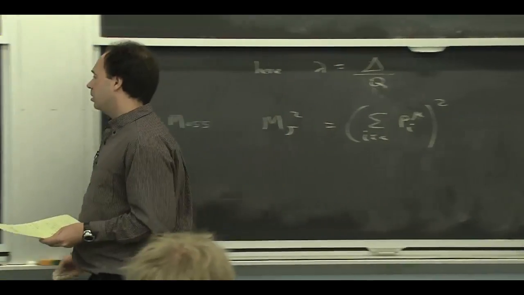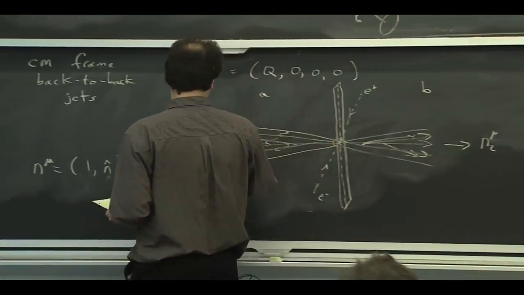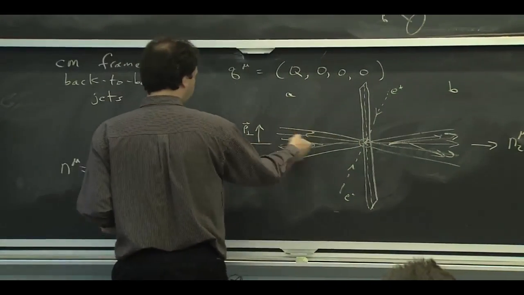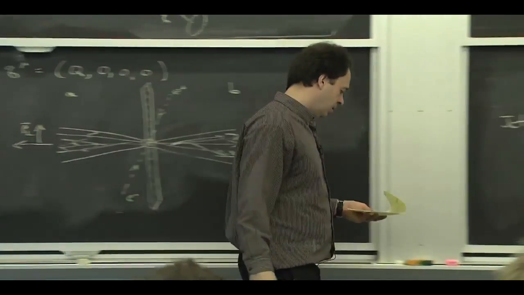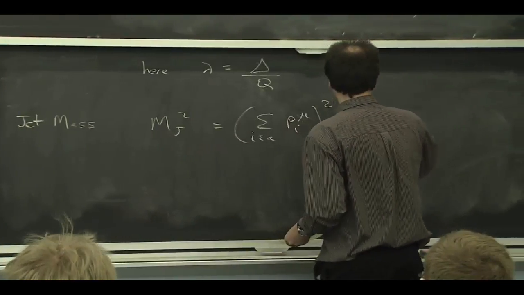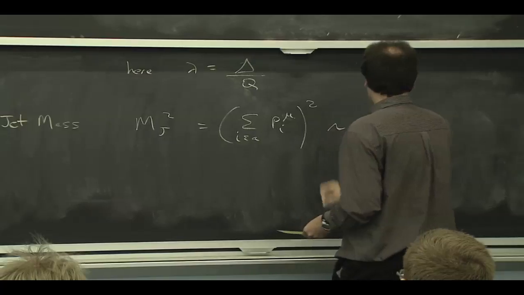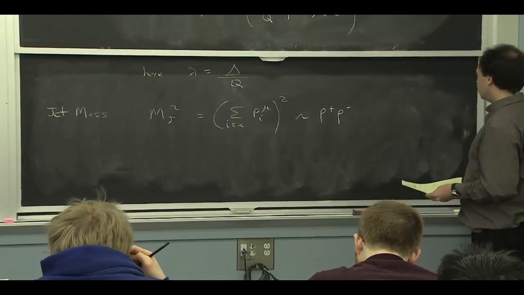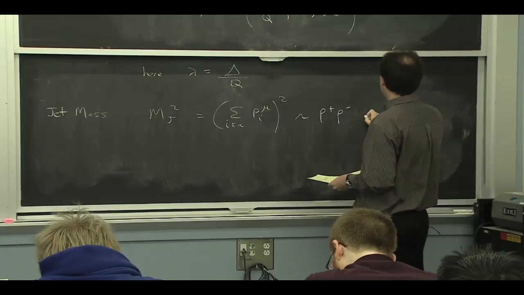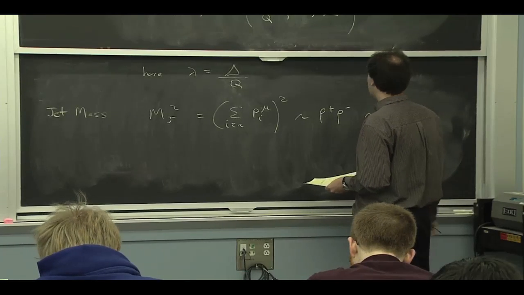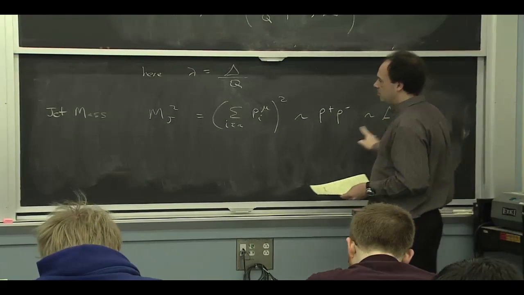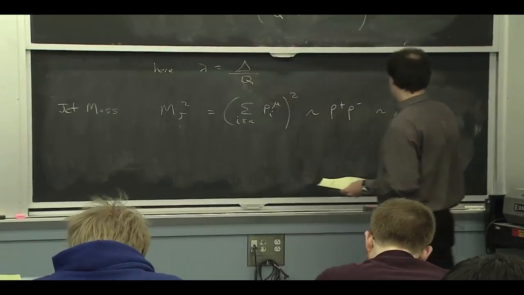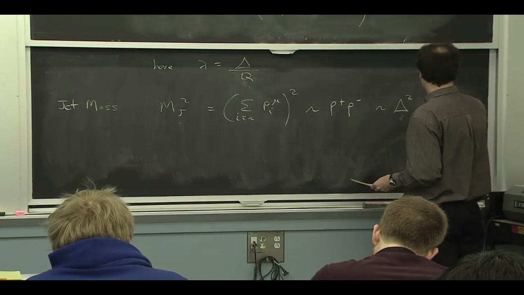If we align things so that this is really aligned with the jet, there won't be any p perp squared. But that wouldn't change a scaling argument anyway. So basically, if you ask about what this jet mass is, it's scaling like a p plus times a p minus, and it's scaling like delta squared. So the jet mass is something of order delta squared, and that's much less than Q squared.